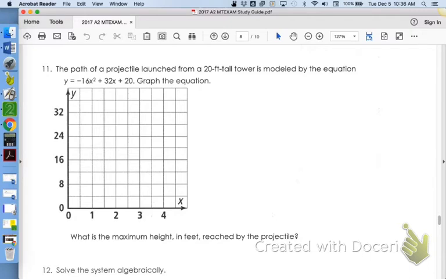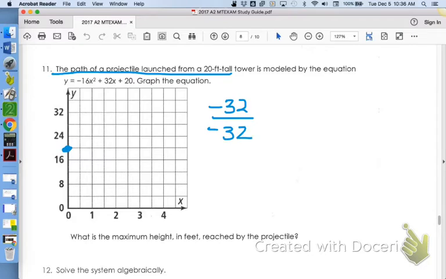Oh, I might need some help with this one too. We'll see. So let me just say that none of this is going to play into this because they already give us the equation. The y-intercept is at 20, and this is marked off by 4, so I know that it's going through that point. I can probably do negative b over 2a here, so it's negative 32 over negative 32.